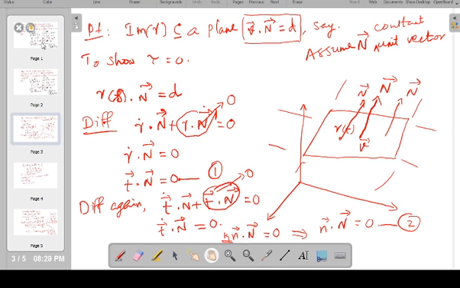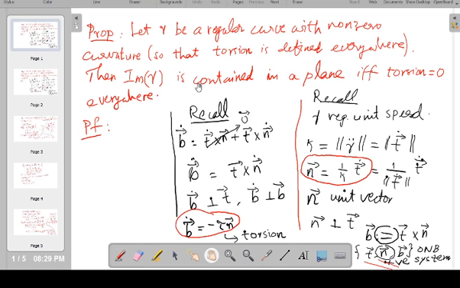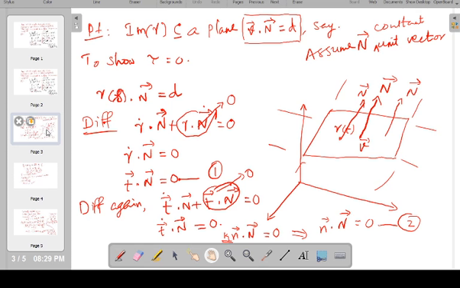That's what we assumed in the beginning. Kappa is non-zero. So you will get small n inner product with capital N equal to 0. So this is 2. Therefore capital N is a vector perpendicular to both small t and small n.